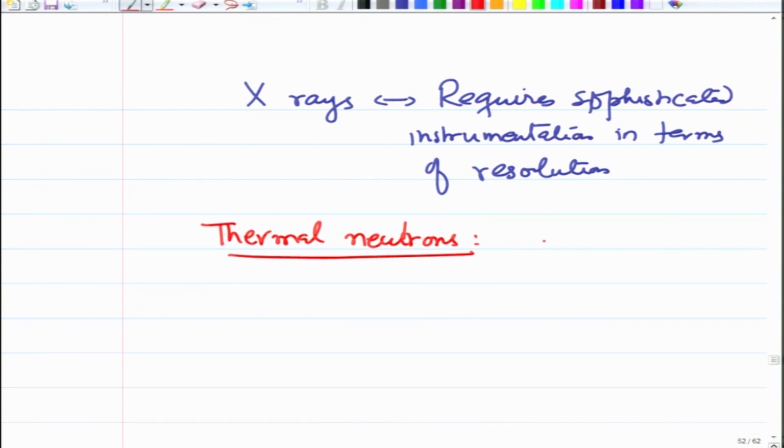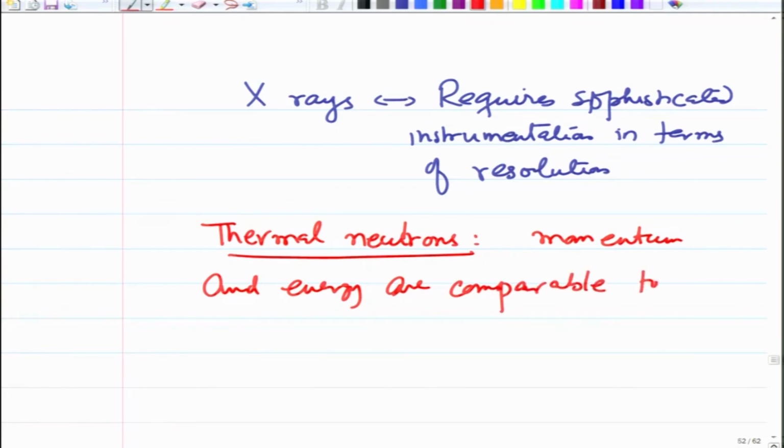This also requires a reactor and things like those, but rest of the energy and momentum are comparable to those of phonons, and therefore, they are used quite extensively in studying omega versus k behavior.